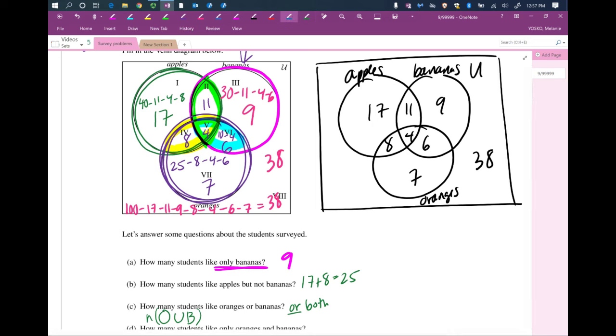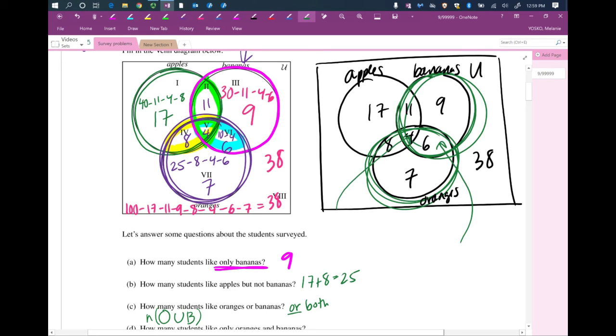So if you're looking at oranges or bananas or both, looking at the banana circle and the oranges circle, and we're looking at also or both. Or both would be this region and this region as well. So this is going to be 11 plus 9 plus 8 plus 4 plus 6 plus 7. And we're going to add that up. And we get 45.